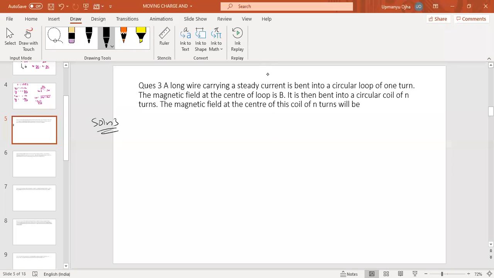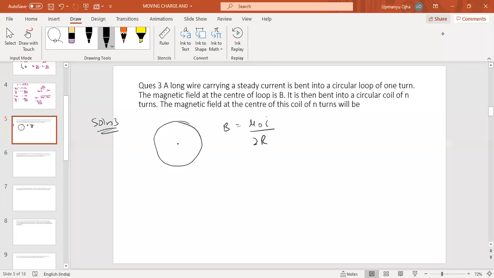So let me solve here. We have the circular loop. At the center, the magnetic field B for the circular loop will be mu naught I by 2r.